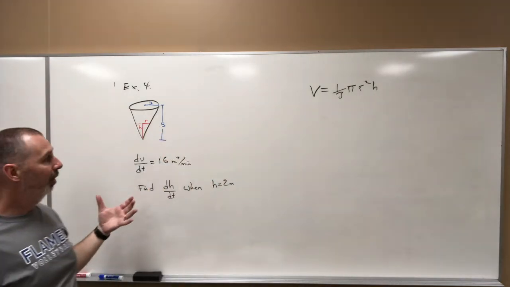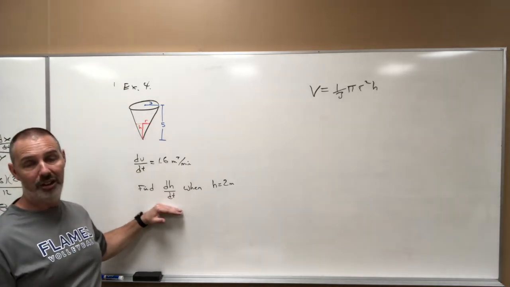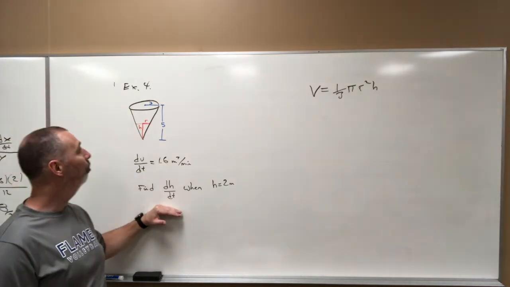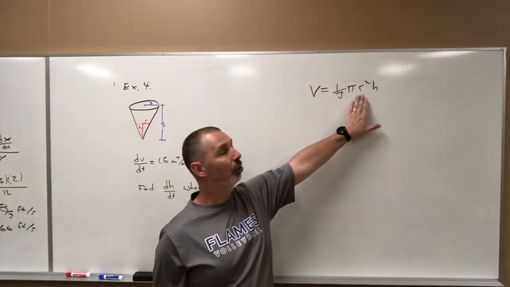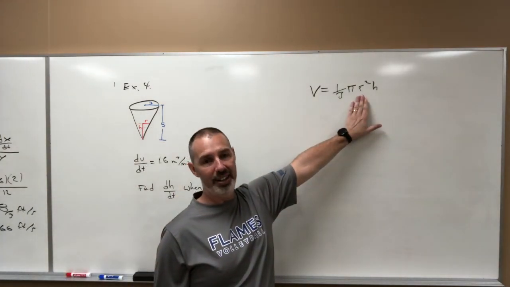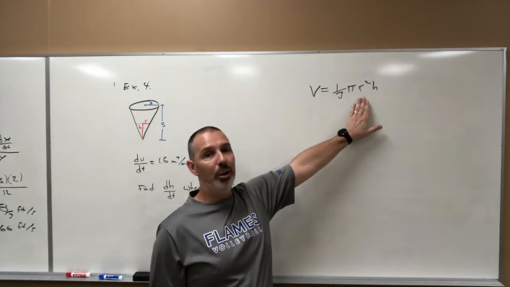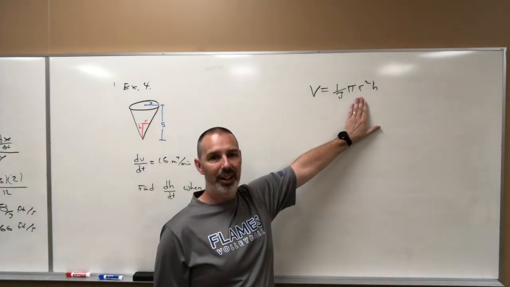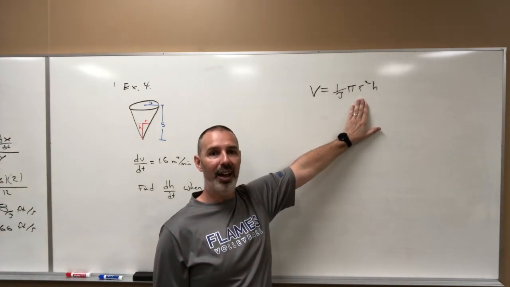In our known and given information, we have dv dt and dh dt. There's no reference made to dr dt, and yet when we take the derivative of this, we will get a dr dt. So we can't do it the way it is. We have to find a way to eliminate this radius out of this equation. We need to write it in terms of the height.